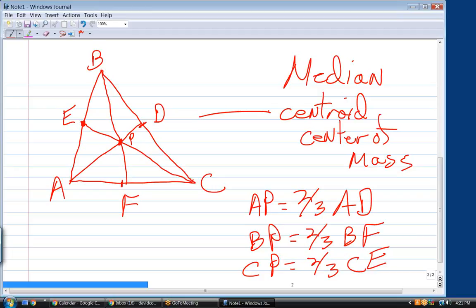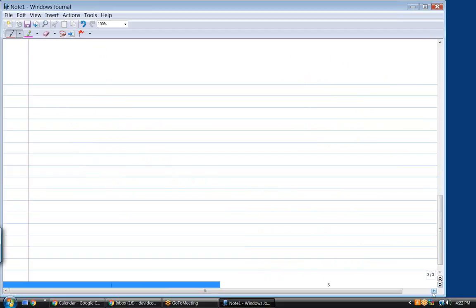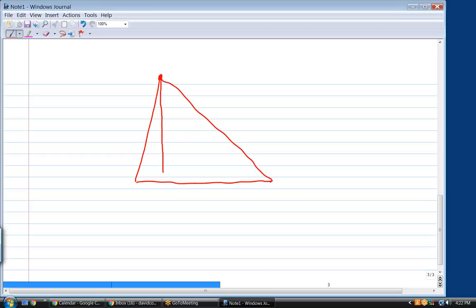Let's talk about the last one, and that's the altitude of a triangle. And that'll be perfect. We'll cover it in 10 minutes. The altitude of a triangle is the perpendicular segment from a vertex to the opposite side. Here's my triangle. If I start with that vertex and drop a perpendicular to the opposite side, like that, do the same thing here, do the same thing here.